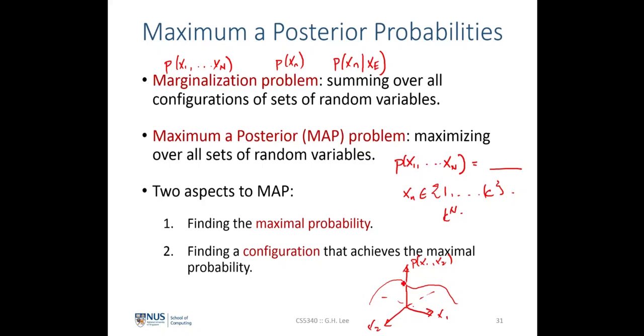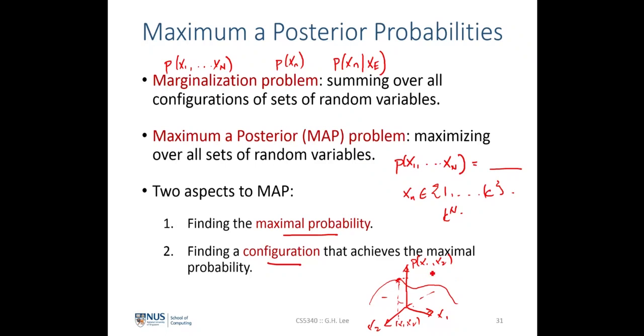And there would be some configuration here which gives the maximal probability value of p of x1 and x2. This would be the configuration of x1 and x2 that gives rise to the maximal probability value. Of course, this might not be the only maximal value in the whole space.